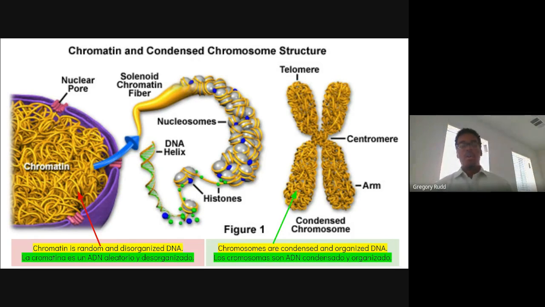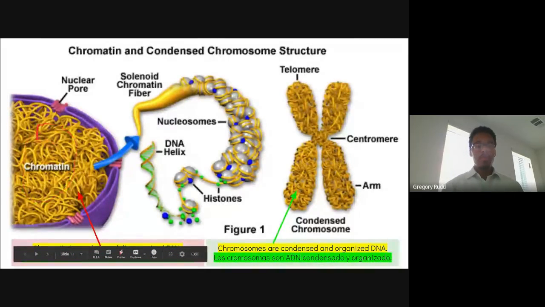Okay. So chromatin, if we're looking all the way at the bottom, it says chromatin is random and disorganized DNA. So in that image on the left, we can see a picture of chromatin inside of a nucleus.